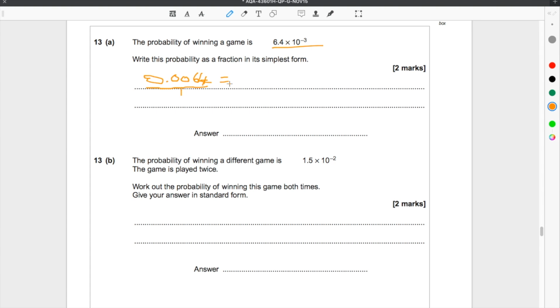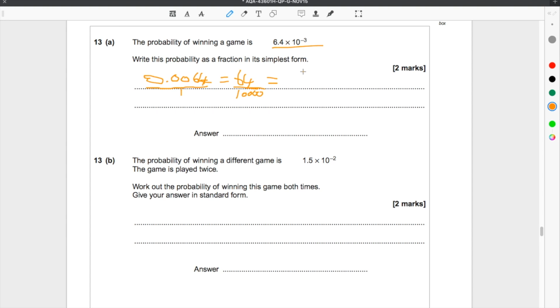is the same thing, which is the same as 64 out of 10,000. Just multiplying the top and bottom by 10,000. And we can simplify this fraction down. If you have a calculator that can convert that, then that would be the best way to do it. And we could just type this into our calculator in this form, if you have a scientific calculator that allows you to do so.